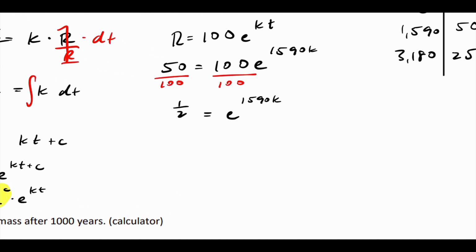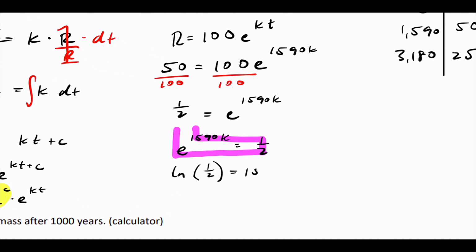How do we get K to the ground? Natural log, right? So natural log of 1/2 equals 1,590 K. Divide by 1,590.